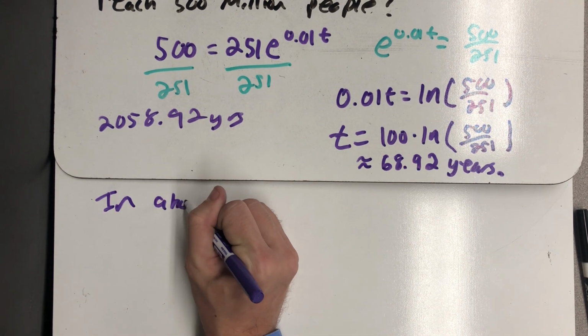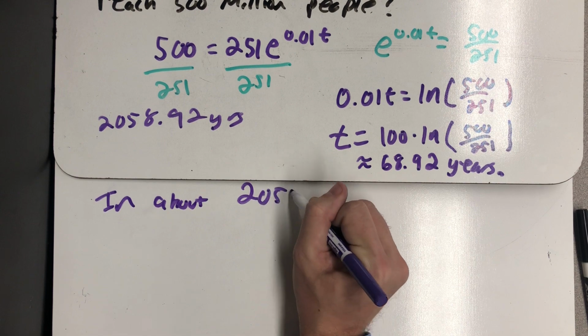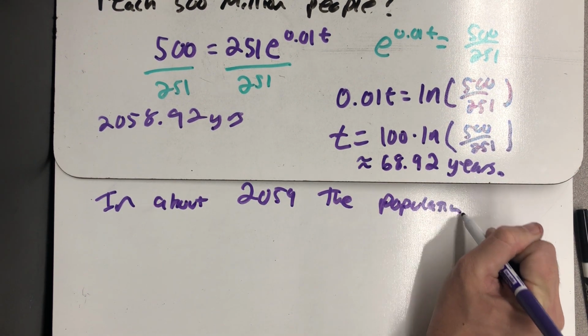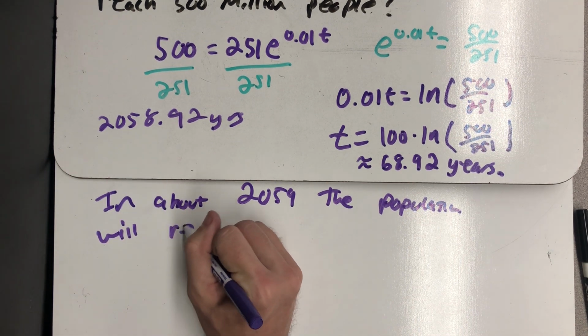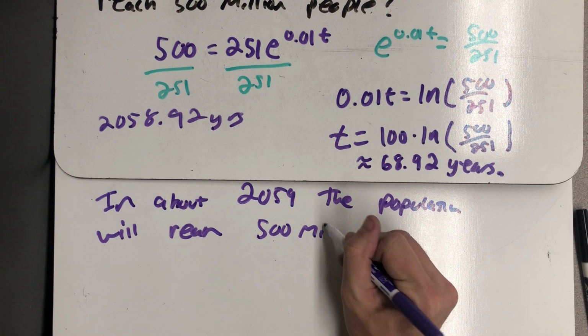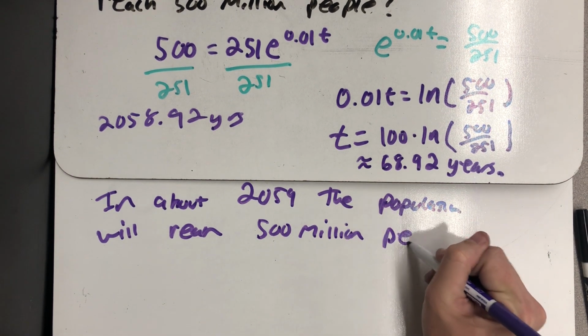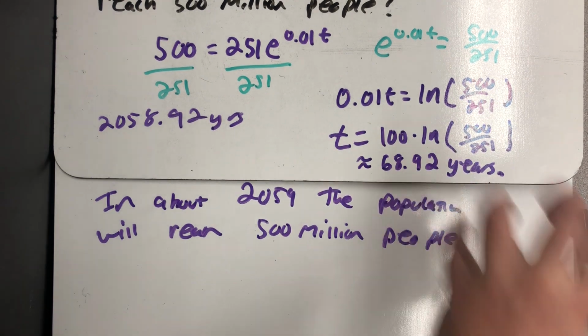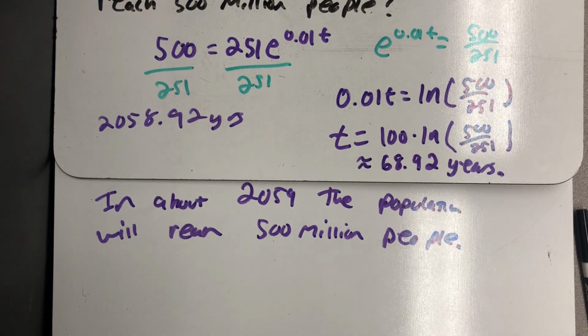And about the year 2059, the population will reach 500 million people. I think it would be reasonable, based on what we've done, to say 2058 or 2059. I'm imagining rounding t up to 69 years. Maybe we were instructed to do so. We really weren't, but we could imagine that.